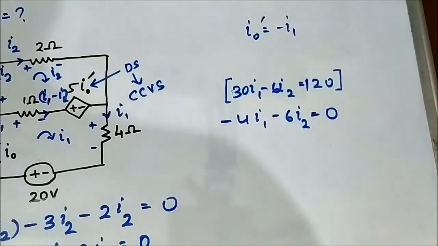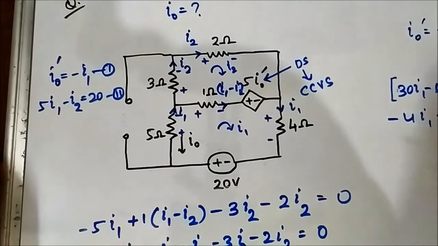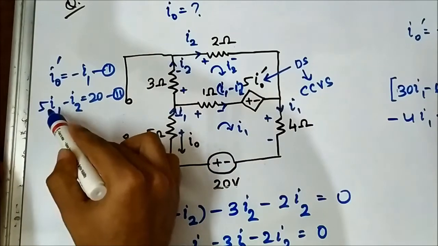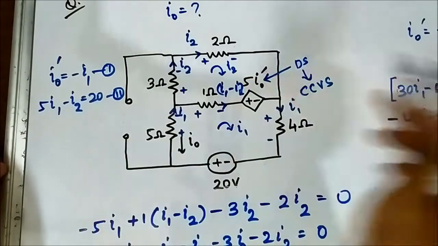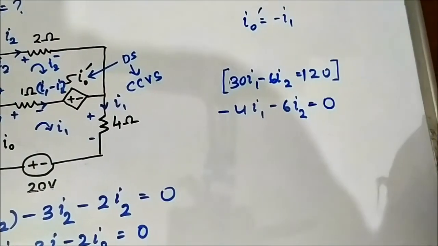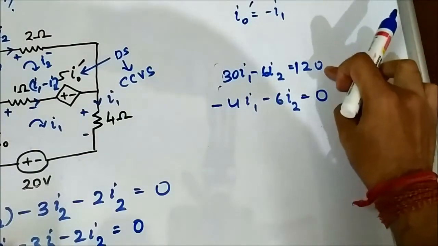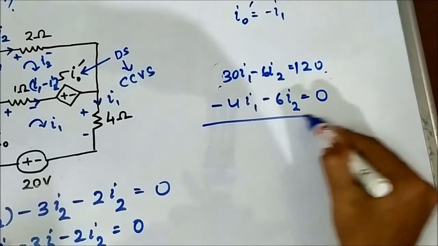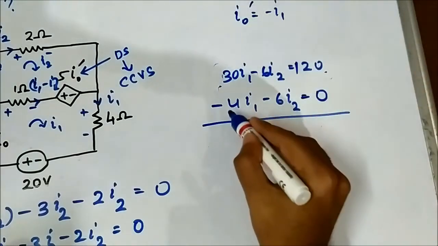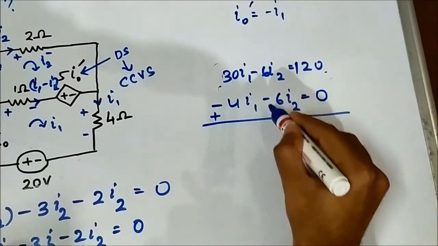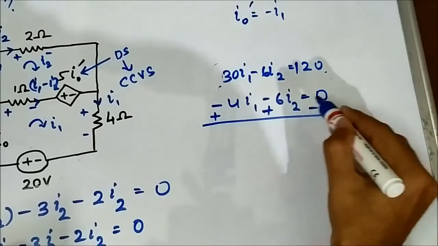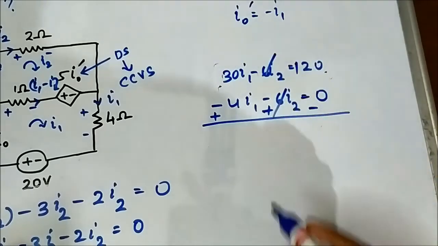I just multiplied 6 in this equation. 30I1 minus 6I2 is equal to 120. Now if we subtract these two equations, then plus becomes minus, and this 2 will be cancelled out.